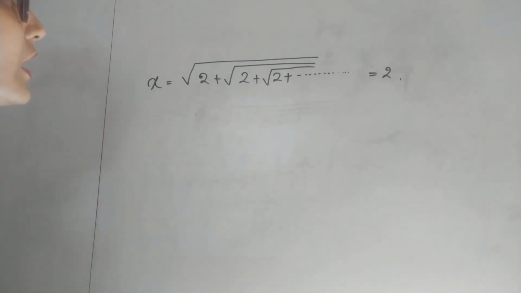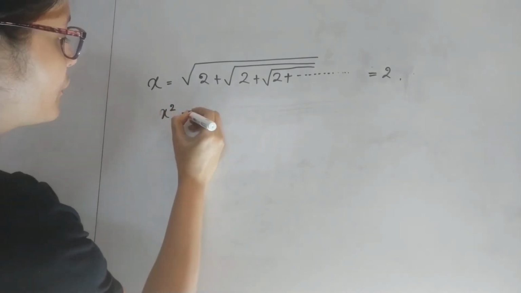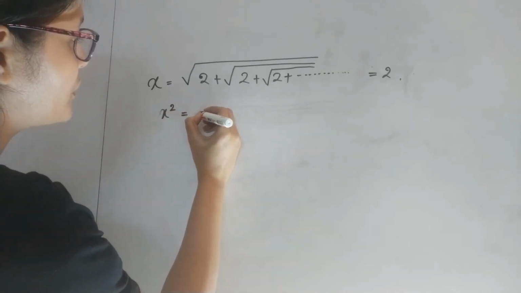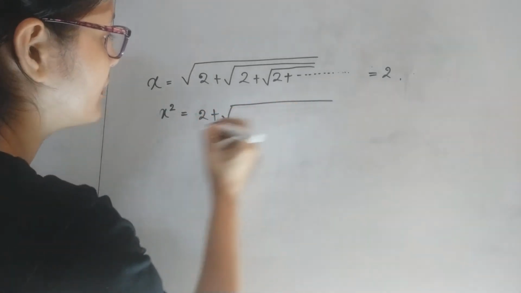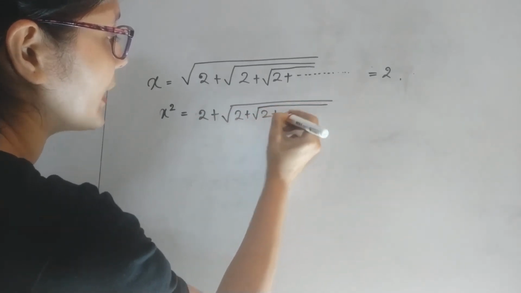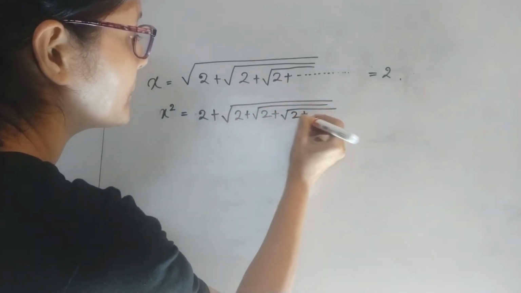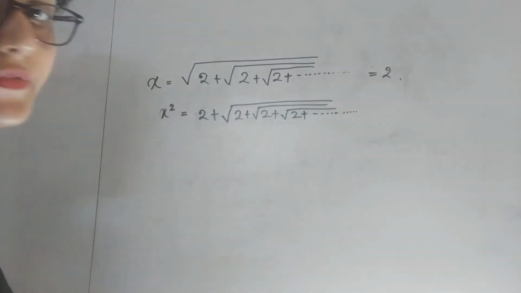Here we have to solve it in this way. See, x square is equal to 2 plus, again 2 plus 2 plus 2 plus, okay. This series will continue up to infinity.